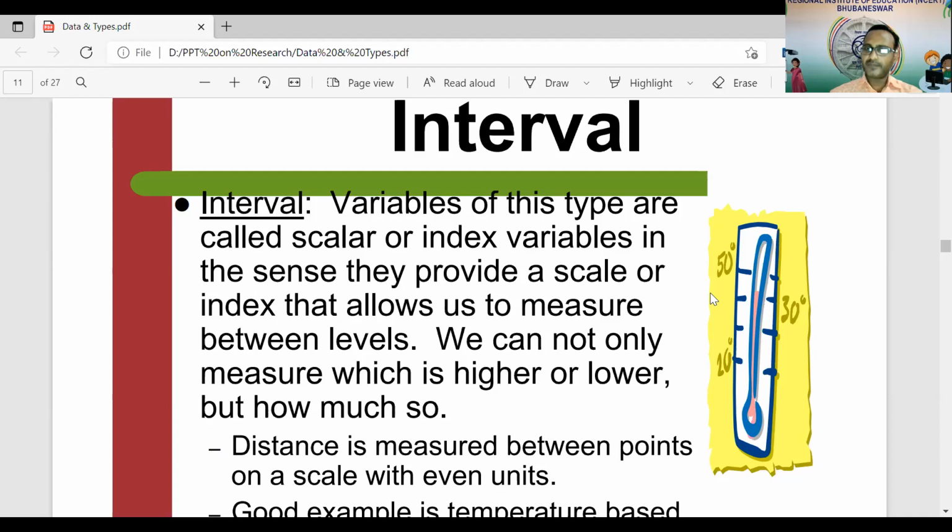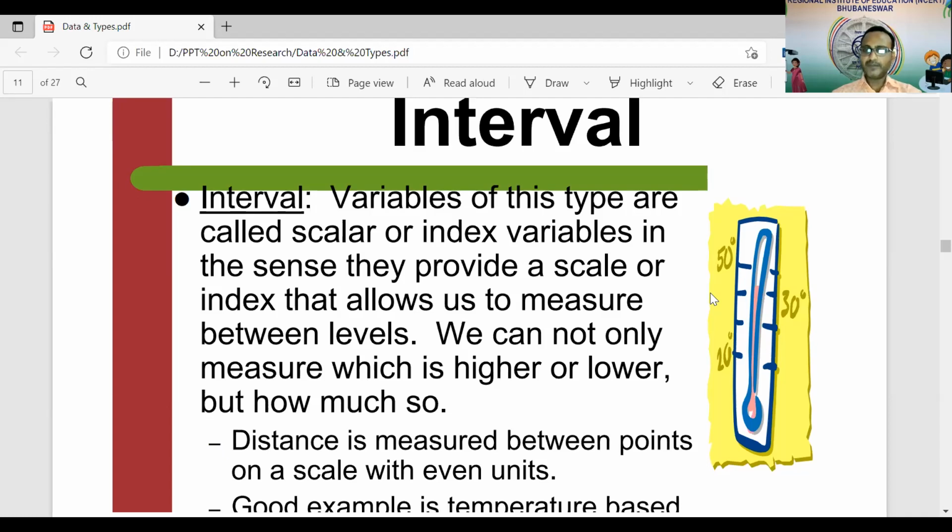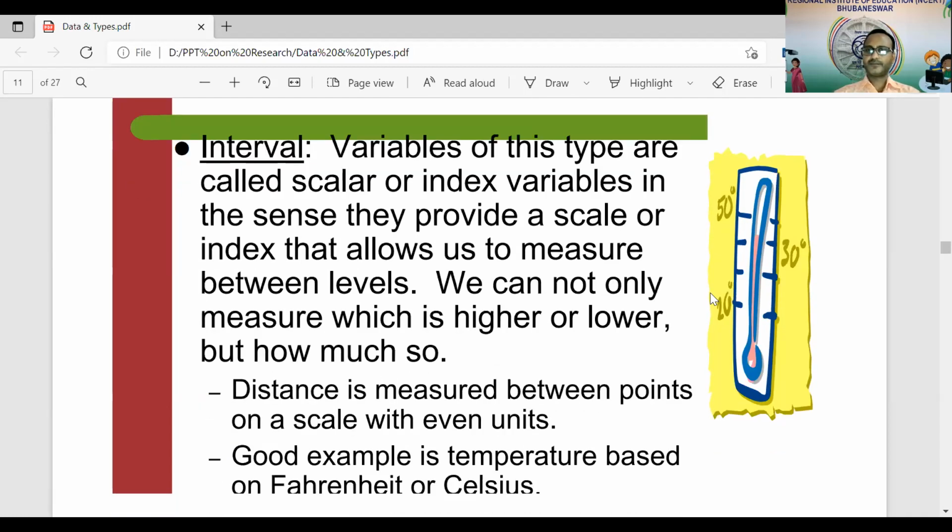It is a kind of measurement in which the distance is measured between points on a scale with even units. Suppose the total mark is 100. You can give any mark from 1 to 100. Here the scale of measurement is 100, and we can give any mark within 1 to 100.